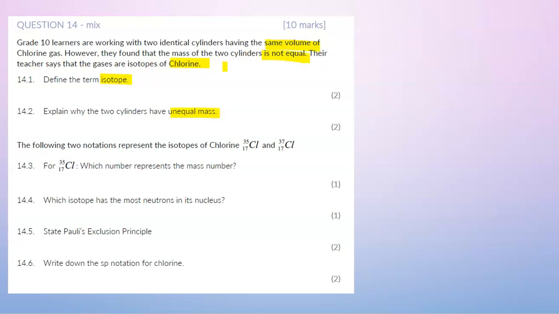The teacher says it's because they are isotopes. And we know what the definition of isotope is. We just wrote it. So the reason why they have unequal mass is because the mass numbers of the isotopes differ. So if you look at the nucleus of each of these atoms, they won't have the same mass. So they're just basically asking you to apply the definition of isotope in a way that makes sense.